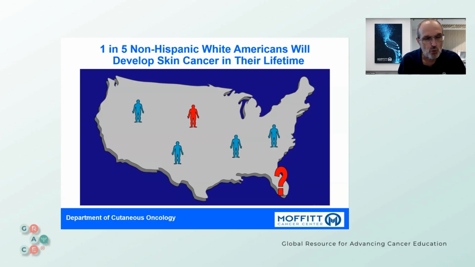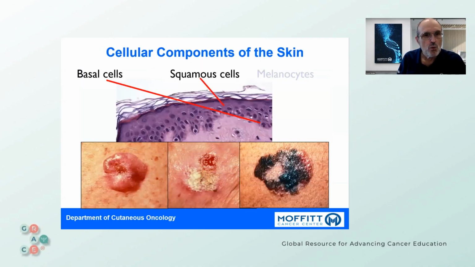Now let's talk about what these cancers are and where they come from, what they look like. What I've got here on the top part is a microscope slide of the normal skin, and the arrows point to the two different main epithelial, meaning superficial or surface, cells of the skin.